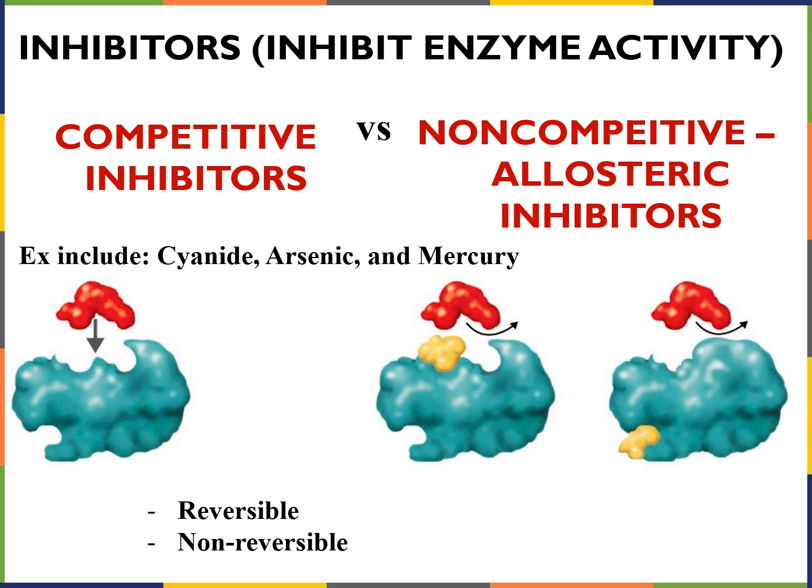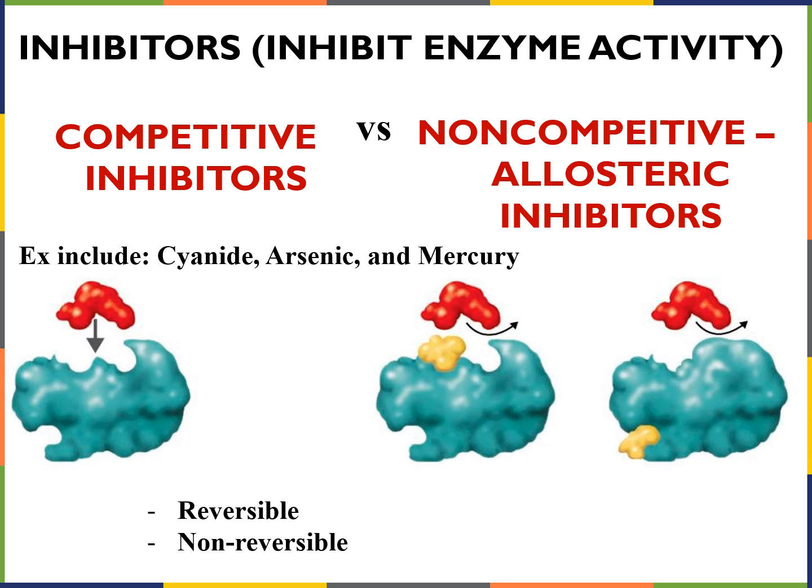Okay, so let's move on and talk about enzyme inhibition. Enzymes are great and all, and normally we want enzymes to function. However, there are a couple of ways in which we can stop enzyme activity. Sometimes this is good, sometimes this is bad. So let's talk about normal activity, and then let's talk about how we can stop these enzymes from working.